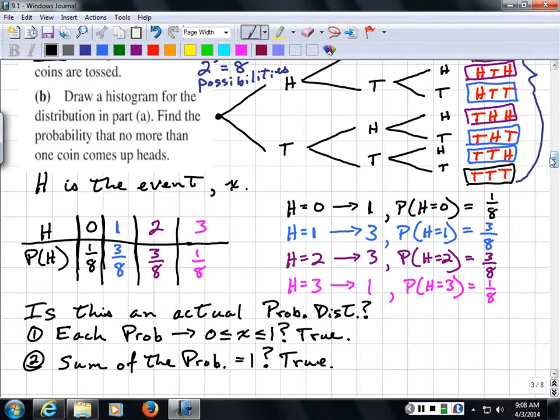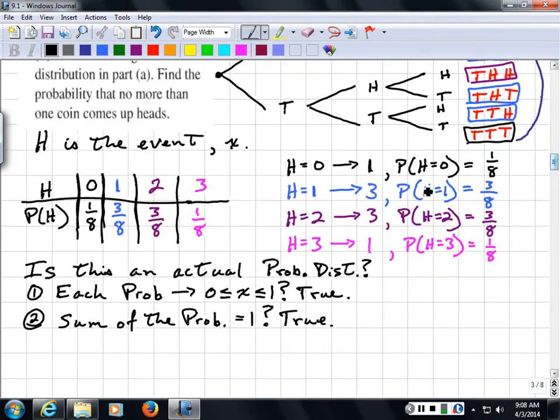Okay, now, before I do that, let's go ahead and say, look, the probability that h is greater than or equal to 0 is going to be equal to 1. Why?